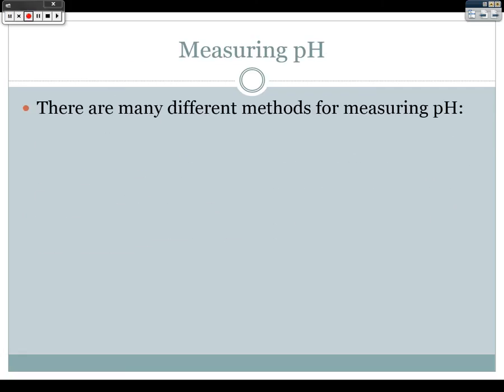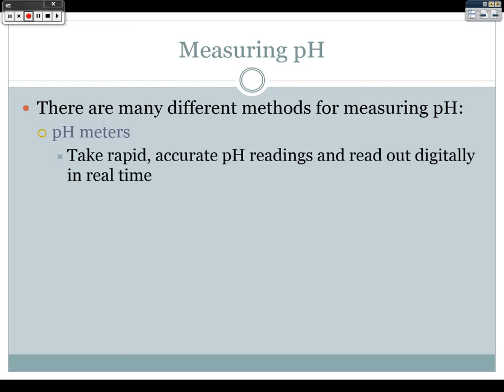So pH can actually be measured experimentally by a couple of different methods. We talk a lot about pH meters. These take rapid, accurate pH readings and read these out digitally in real time. So this can get you something that we're going to talk about with some of our titrations. You can get what's called a titration curve, which shows the pH change over the span of an experiment.